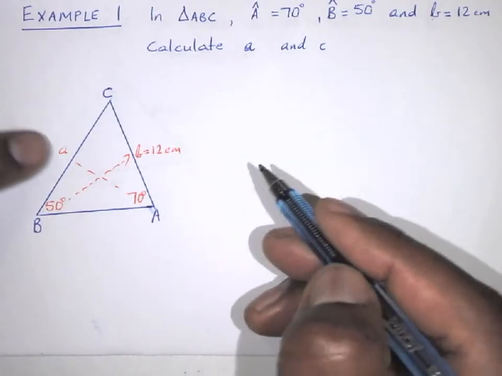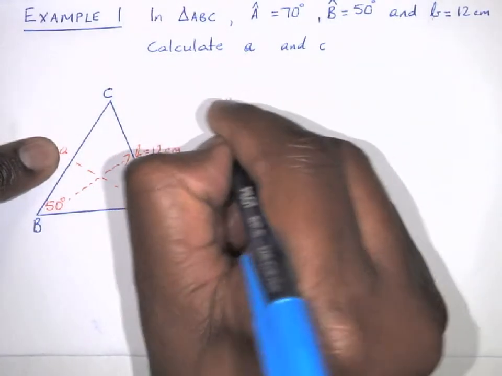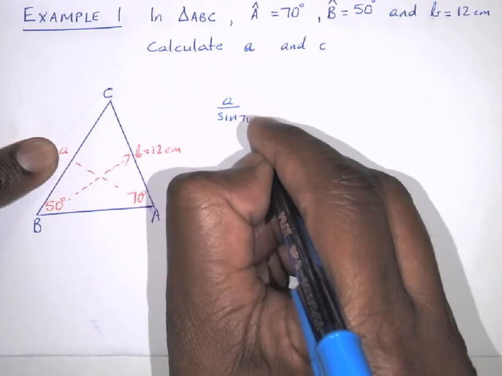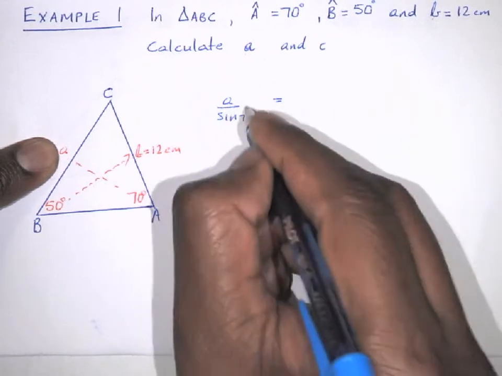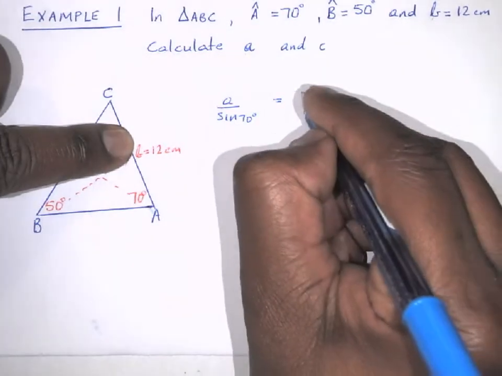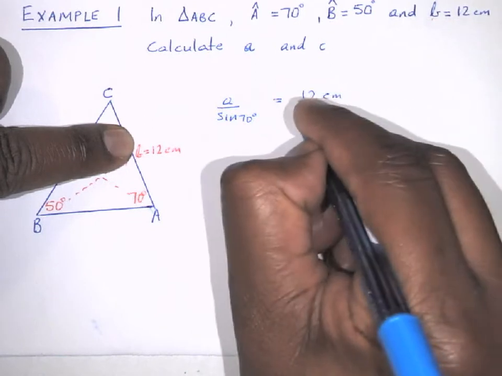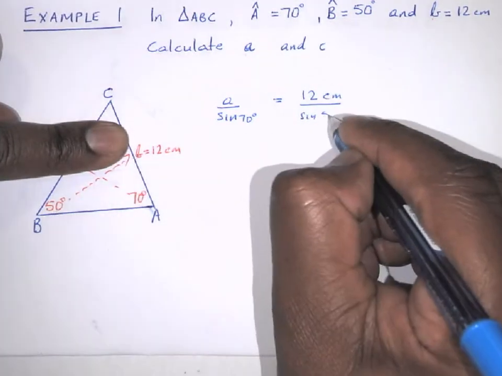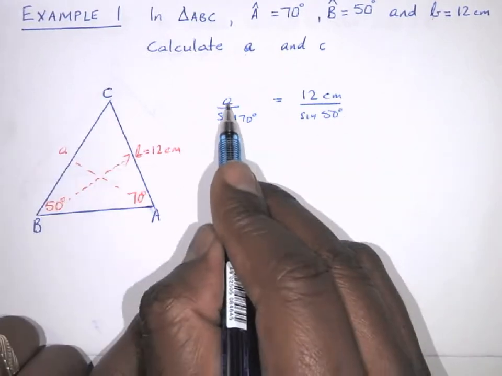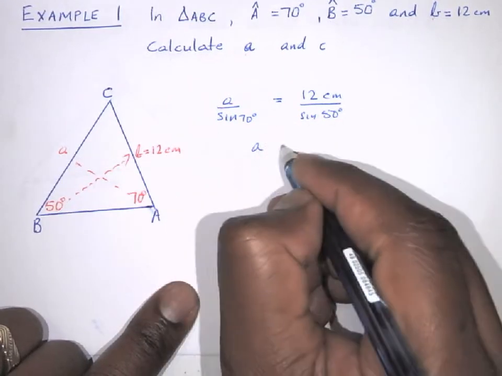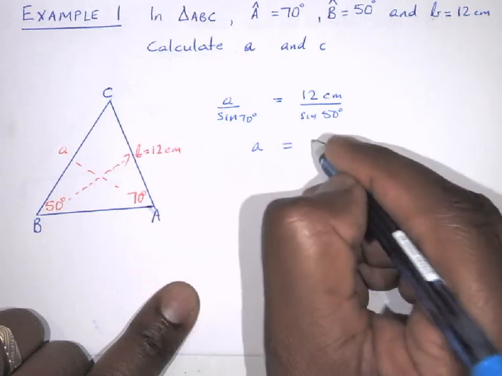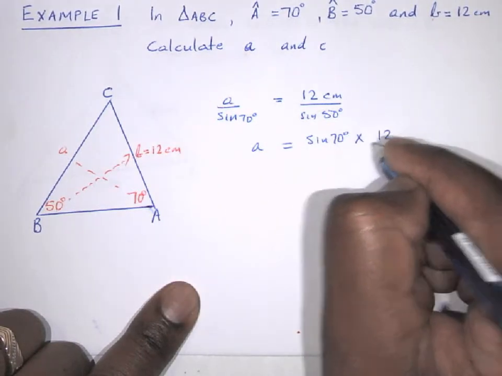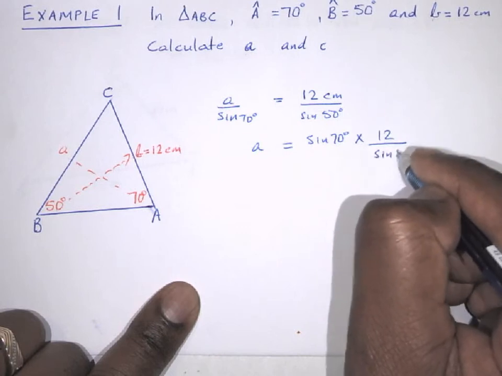So to work out a, I'll say a over sine of 70 degrees is equal to the side b, which is 12 centimeters, divided by sine of the angle opposite b, which is 50 degrees. Now I'm solving for a, so this will cross multiply, and a is equal to sine of 70 degrees multiplied by 12, divided by sine of 50 degrees.